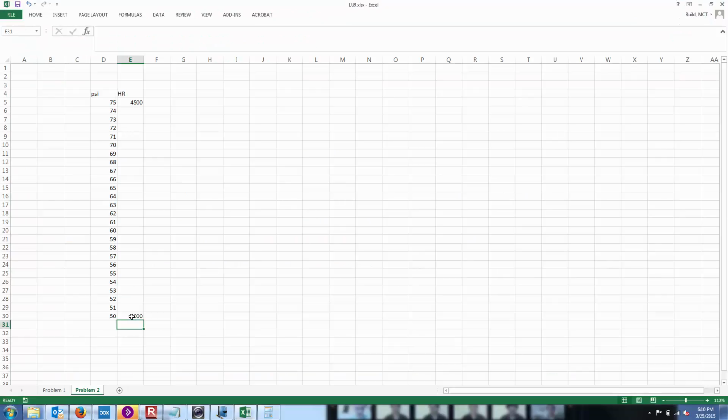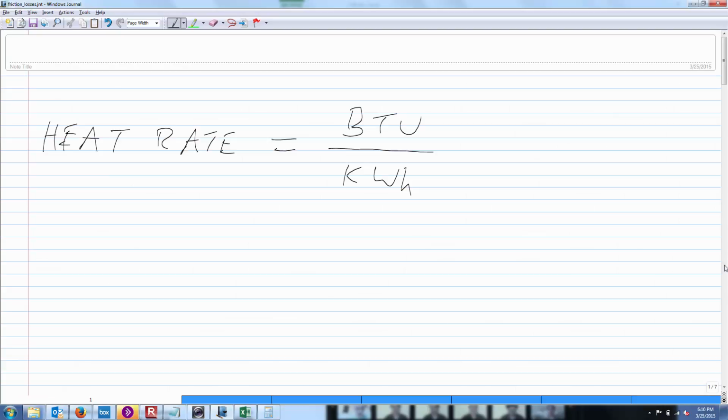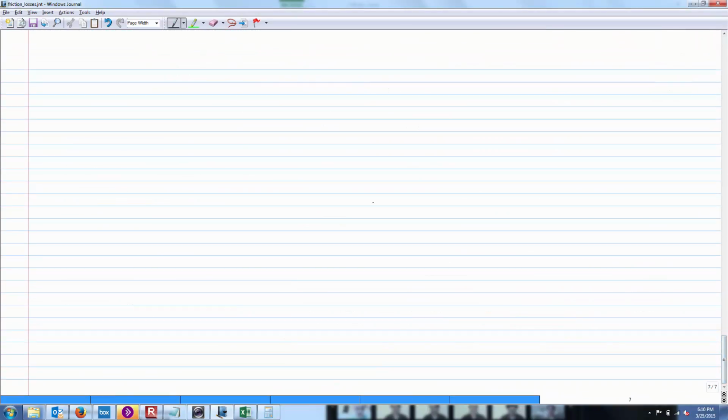Okay. Now, but let's go to the trouble of making the function. So we have to figure out heat rate equals M times pressure plus heat rate naught. There's your y equals mx plus b.